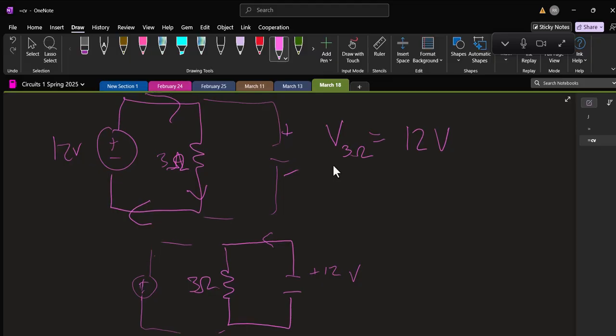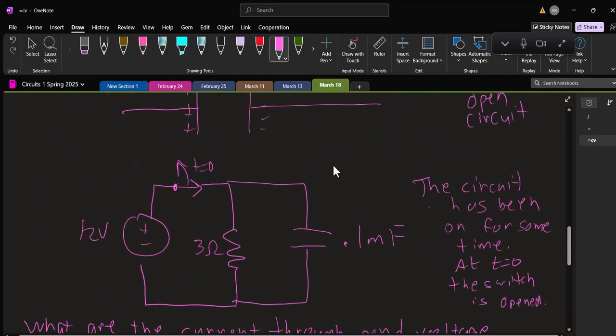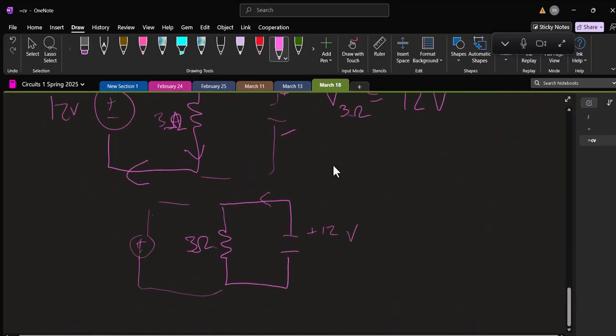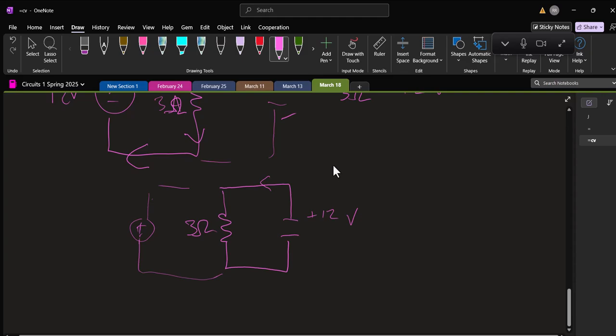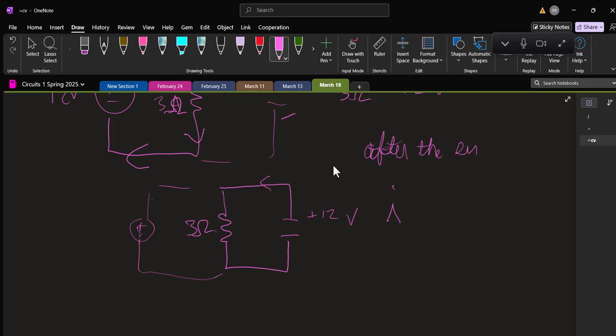If I had drawn my current this direction, then the current after the switch is negative 4 amps. 12 divided by 3.